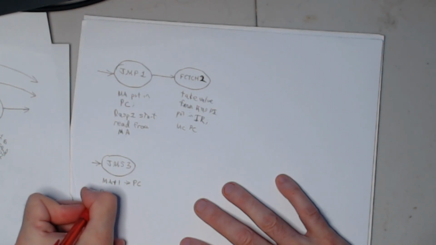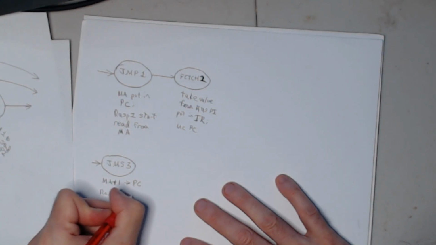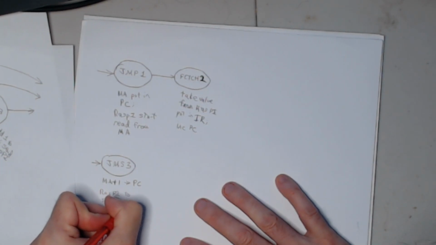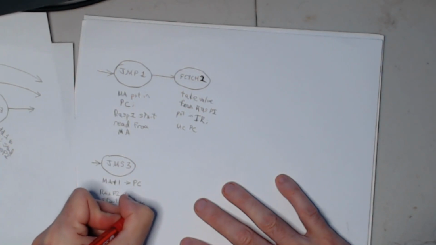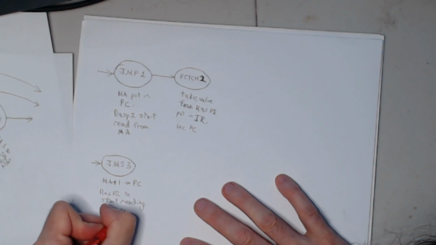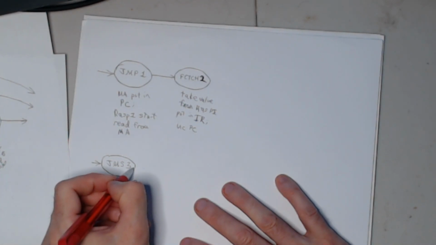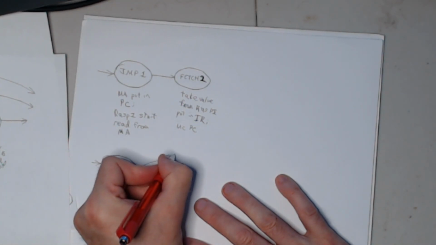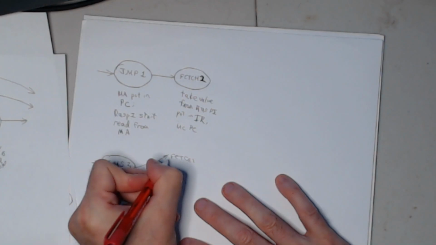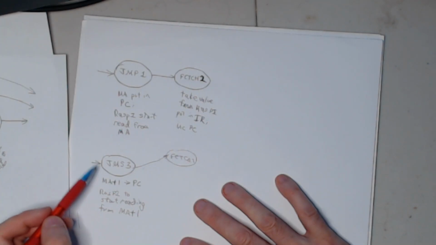And then it tells the Raspberry Pi to start reading from MA plus 1. Okay, and then same thing, fetch 2. And that just saves a memory cycle, or that just saves a clock cycle. That's all that's doing there.